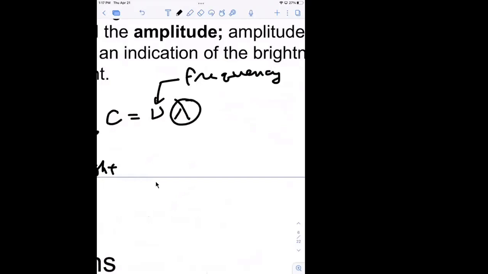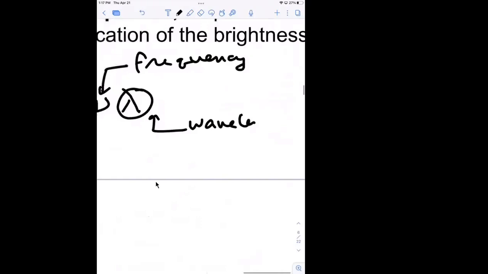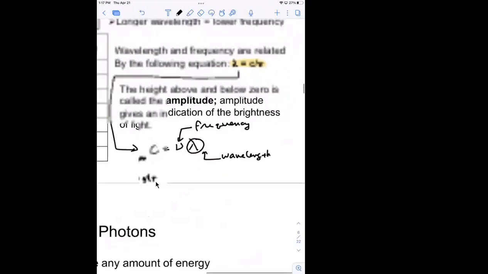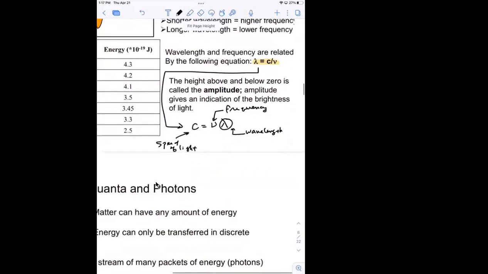And this is the wavelength. So I can rearrange that equation to solve for either frequency or wavelength because the speed of light is known. If I have any of the other two, I can solve for either one. It doesn't matter which one I have. If I have frequency, I can solve for wavelength. If I have wavelength, I can solve for frequency. We're going to talk about this a little bit later.